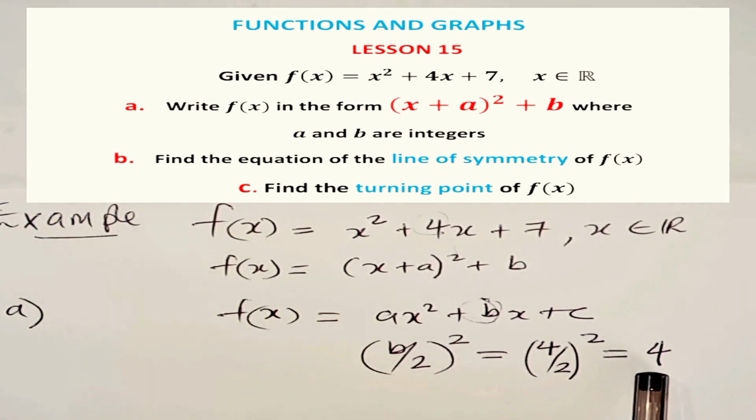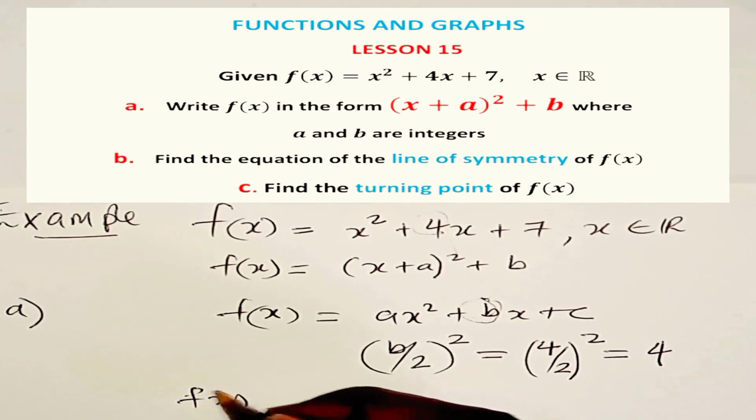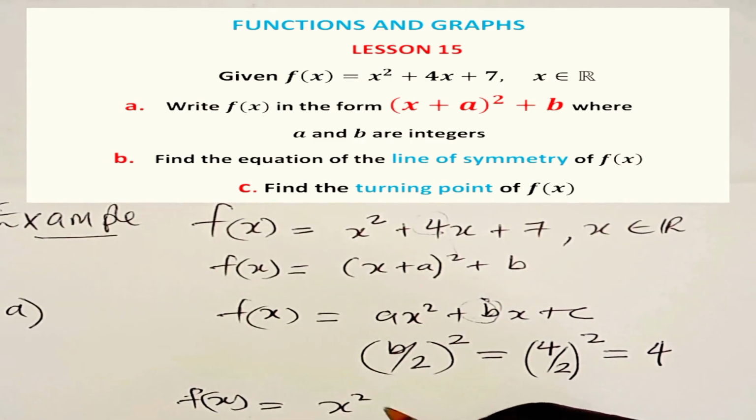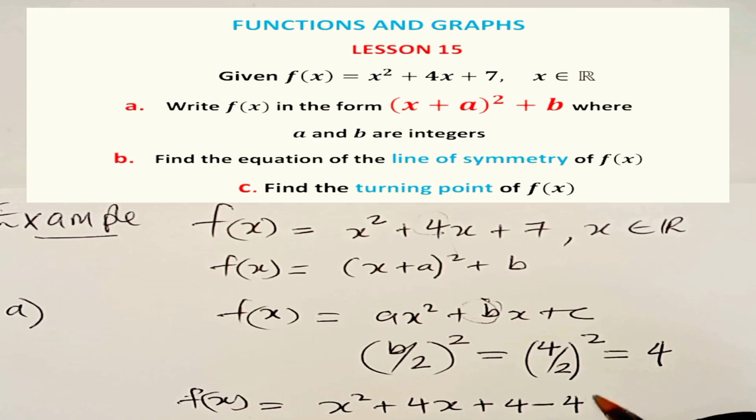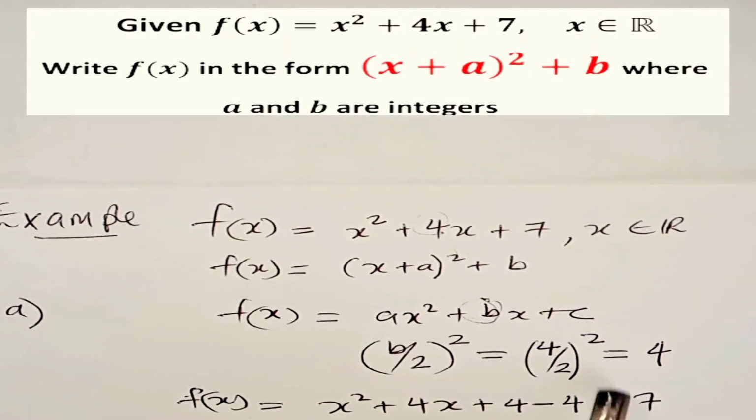Now, you are taking this 4 now into that function. So you are going to say f(x) is equal to x squared plus 4x plus this 4, you add it and you subtract it. So we haven't done anything because you're going to get a 0 for that. But for the sake of completing the square, we have to do that.